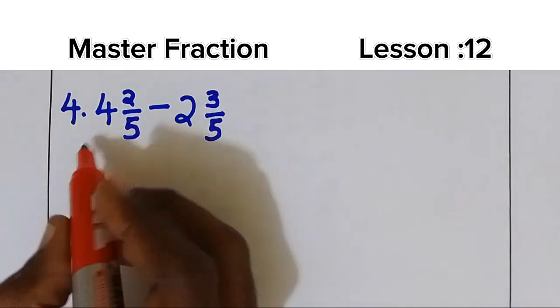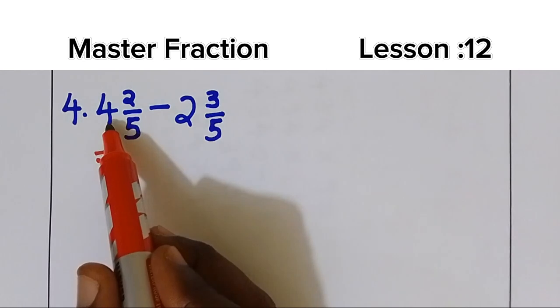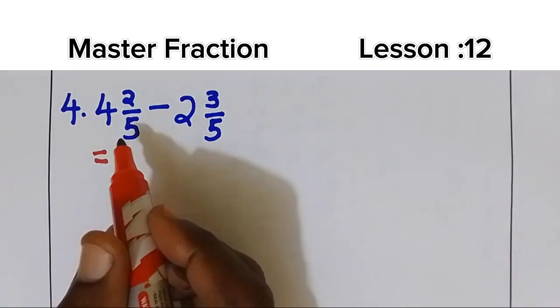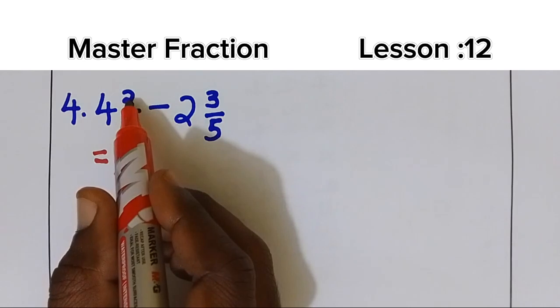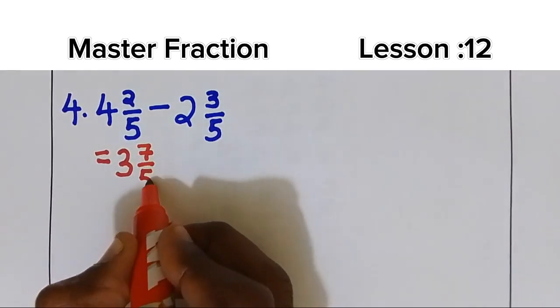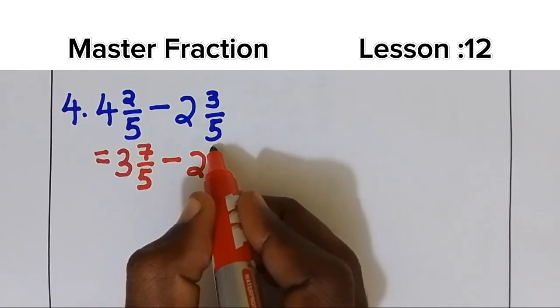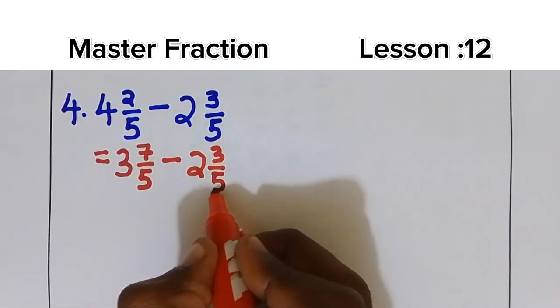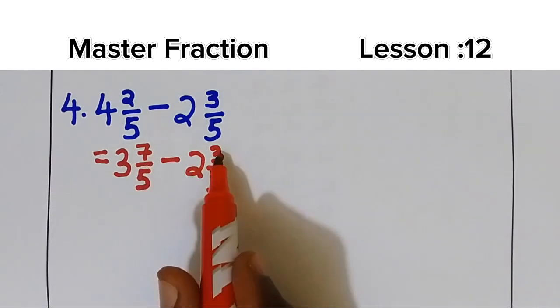So this will be equal to, I'm going to borrow 1 from 4, it's going to remain 3. The 1 that I borrow is the same as 5. I will add with 2, I'm going to get 7 over 5. Then take away 2, 3 over 5. Now you can see it is possible to take away 7 over 5, take away 3 over 5.